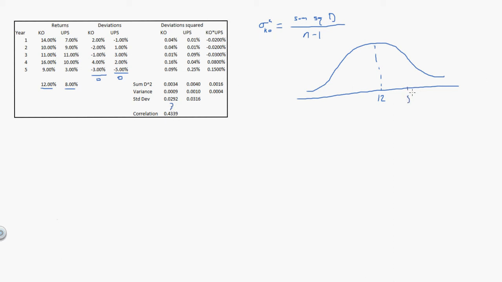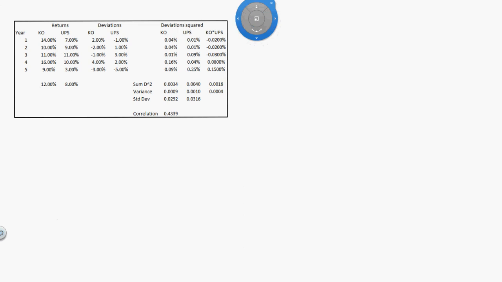So between 9 and 15, I'm in this area about 68-ish% of the time. 6 to 18, that's 2 standard deviations. That's about 95% of the time. And 3 to 21, I'm in that area about 99% of the time. So again, that's not precise with the stats, but that's why we use standard deviation, because it maps back to this normal distribution. Alright, so let me pull this off the screen real quick.